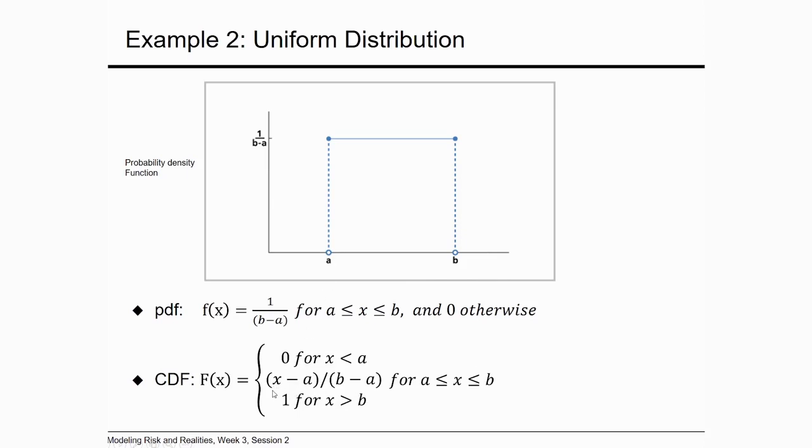It is the ratio of x minus A over the entire length B minus A, and this is gradually increasing from 0 up to 1.